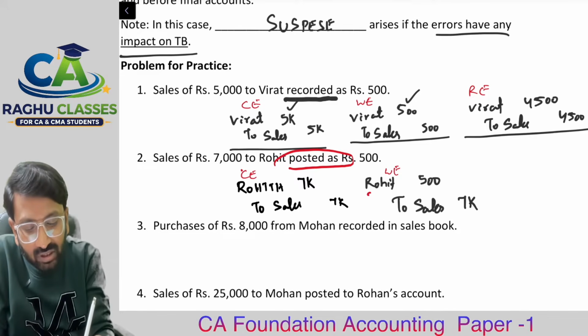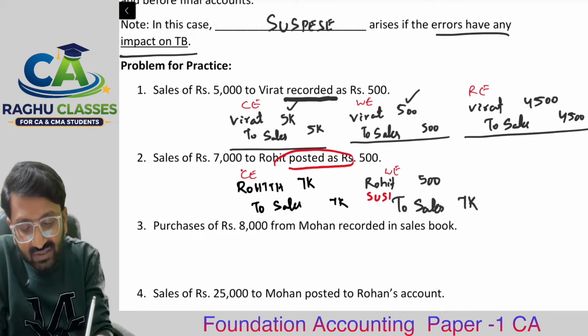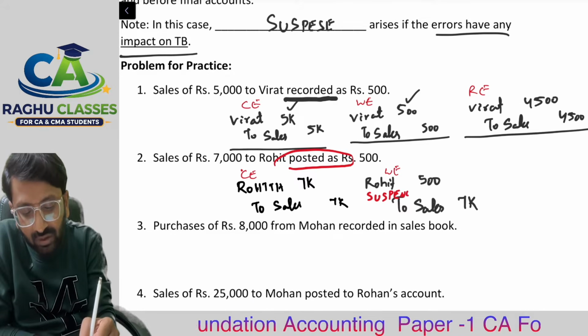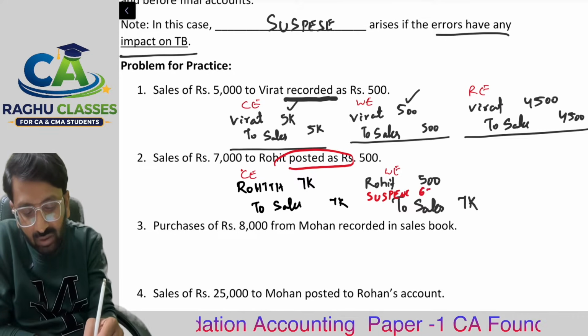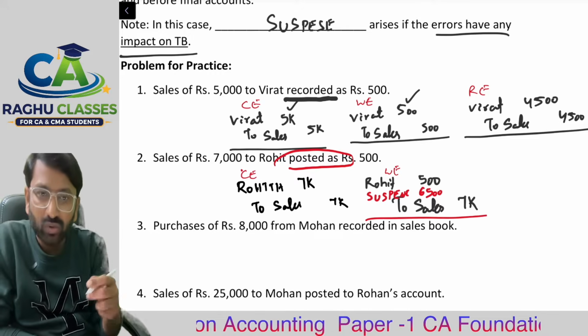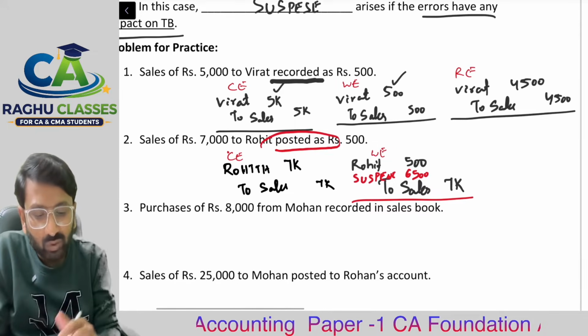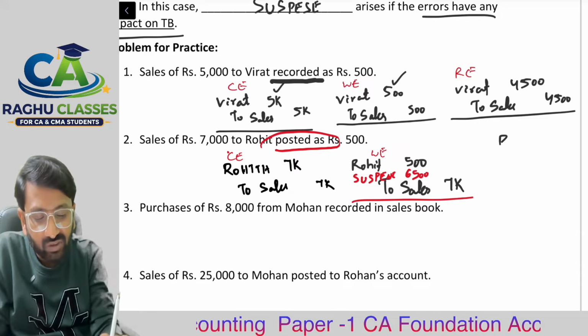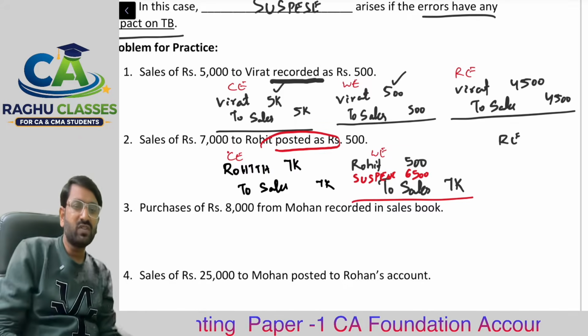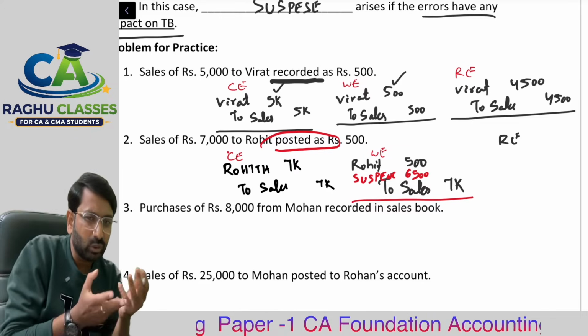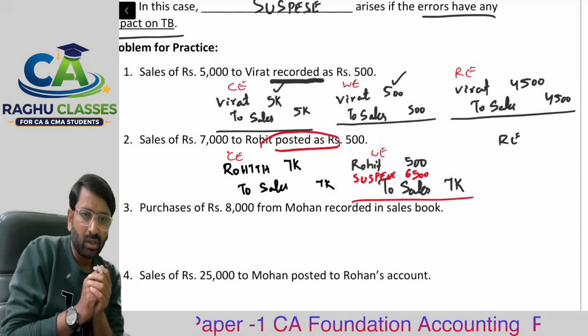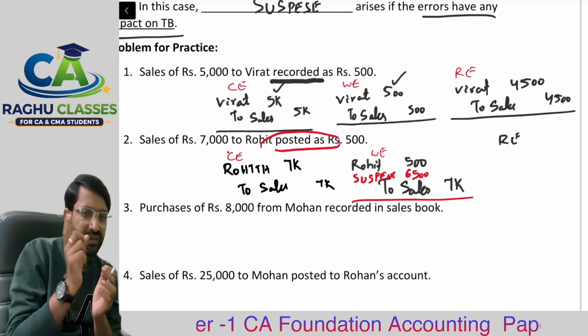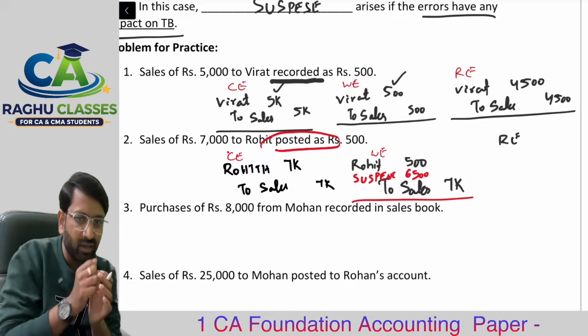So temporarily, one account called suspense account would have been opened on the debit side for 6,500. This is what they would have done. Now, when I want to rectify this error, the rectification entry will be, can we say, sales account is nothing to rectify because we have done it right. Rohit account, instead of 7,000, we have debited only 500.